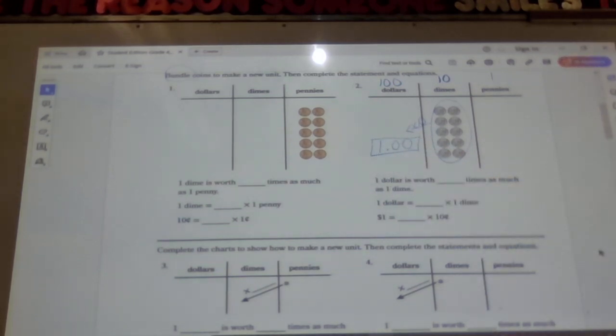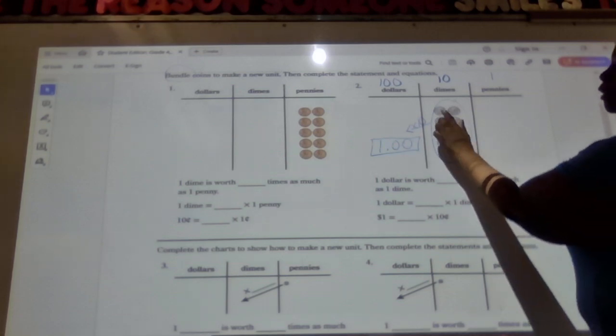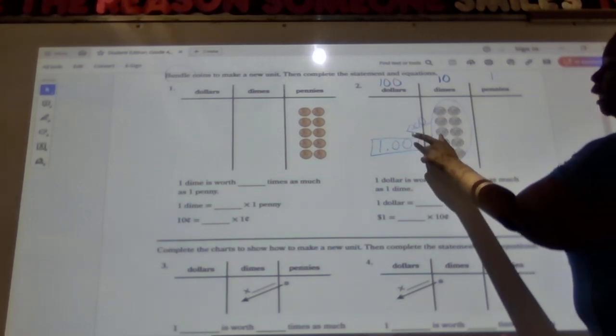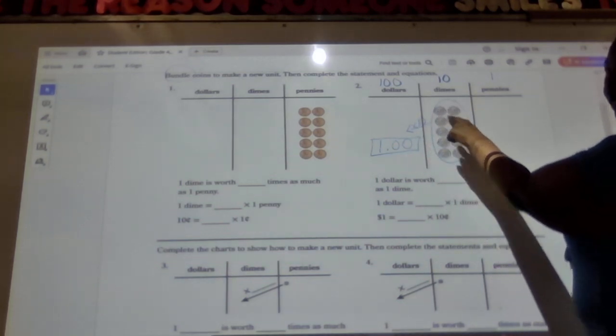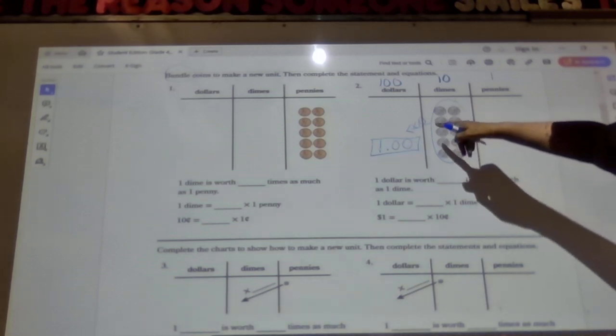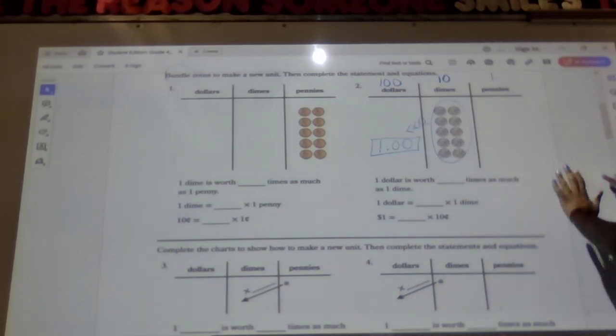Okay, so 10 dimes is congruent or equivalent, which means the same as $1. Okay, and so as we have 10, we know a dollar is 10 times as much as 1 dime. So that's where the 10 times is going. As we go from place value to place value, it multiplies 10 times.